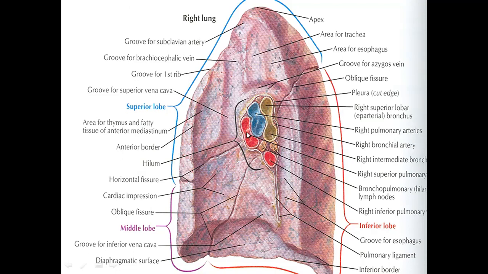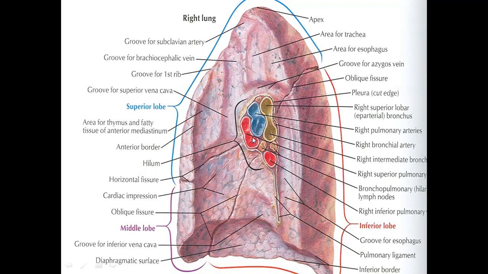So from anterior to posterior, you get VAB: V for pulmonary veins, A for pulmonary artery, and B for bronchus. Apart from that, you are getting bronchopulmonary arteries, lymph nodes are there, and then important nerves are also running through it. So these are the contents of the root of the lung.